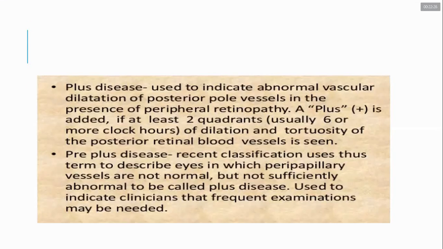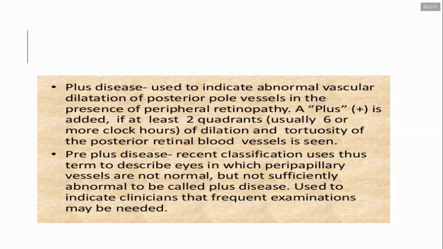So what is plus disease? It is used to indicate abnormal vascular dilatation of the posterior pole vessels in the presence of peripheral retinopathy. A plus is added when at least 2 quadrants, usually 6 or more clock hours, of dilatation and tortuosity of the posterior retinal blood vessels is seen.